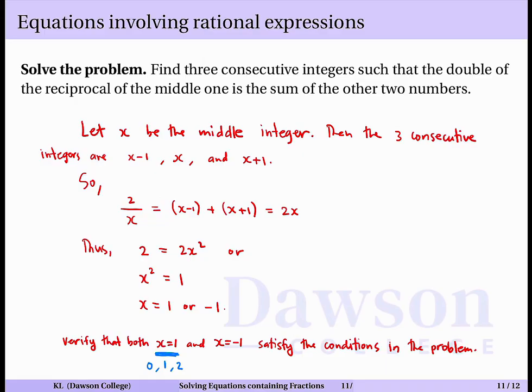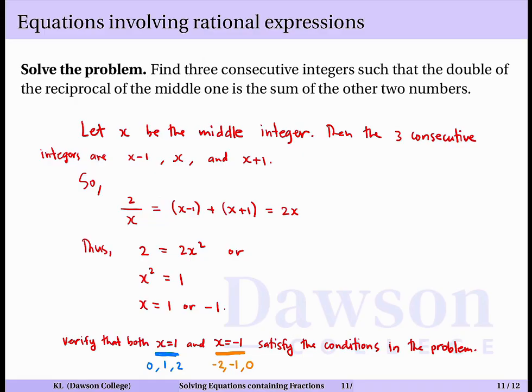And when x equals negative 1, negative 1 is the middle part. The next integer after negative 1 is 0. And the integer before negative 1 is negative 2.